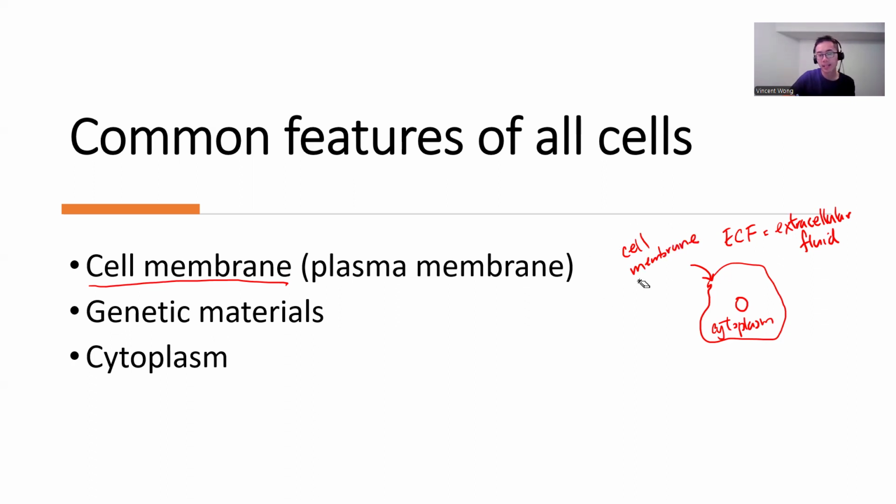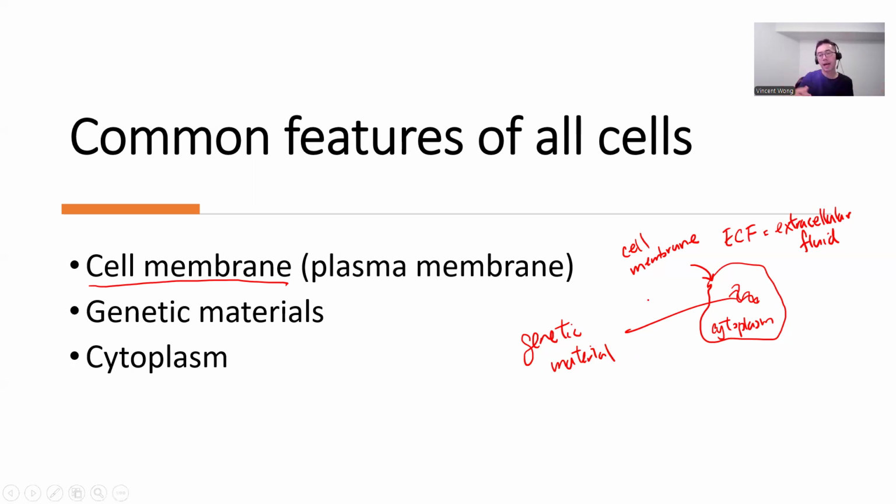Cell membrane is sometimes also called a plasma membrane. And inside the cell is this almost gel-like substance that's made up of primarily water, and we call that the cytoplasm. Now there's also some kind of genetic material. I'm just going to put the genetic material here. Sometimes the genetic material is just floating around on its own.